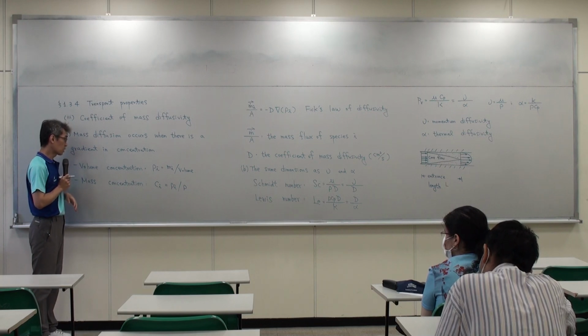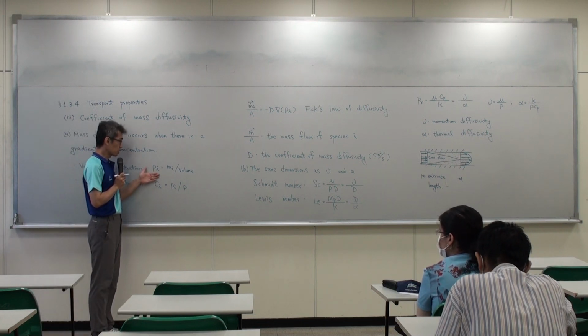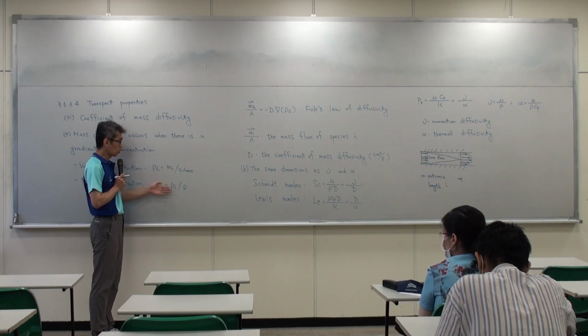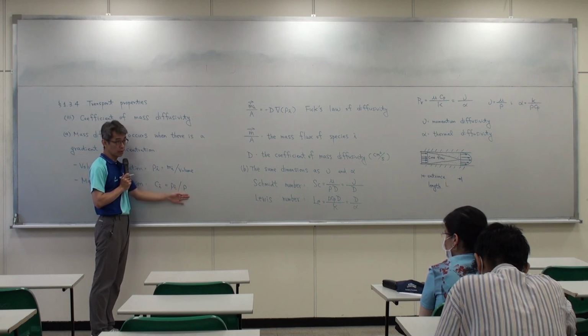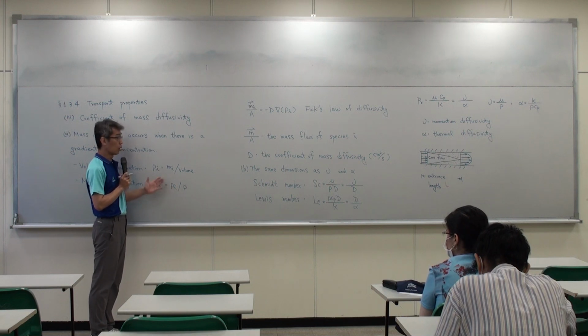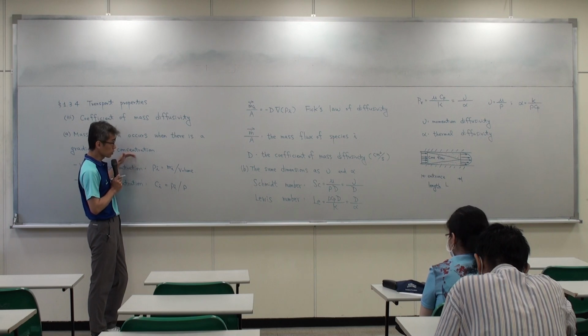So sometimes we will use the mass concentration, relating to the total density. So this representation is like the species mass compared to the total mass, because your volume is the same. So they have different ways to represent this kind of concentration.